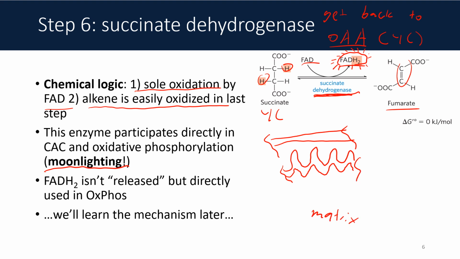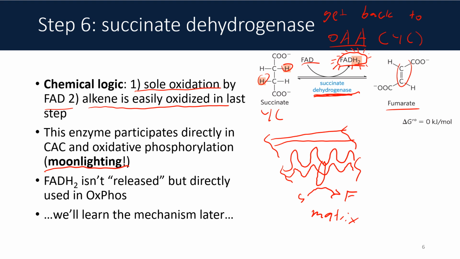Our step 6 enzyme is actually anchored within the inner membrane. This little part protruding from that inner membrane is the one that's going to take in succinate and convert it into fumarate.